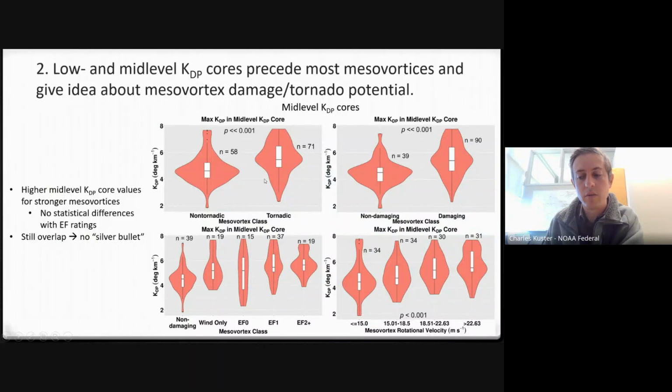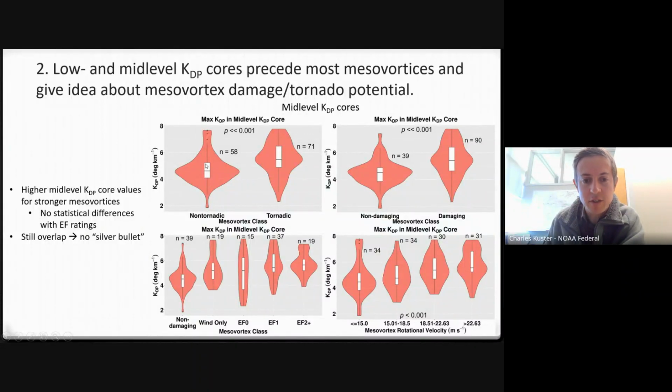we proposed some thresholds. I think there are a couple of things you could do, but we put forward some thresholds. We used the 75th percentile of the non-tornadic KDP core, which I think was just above 5.